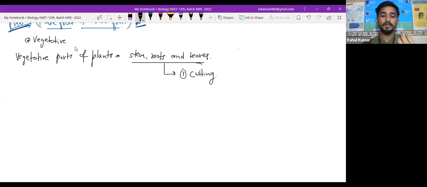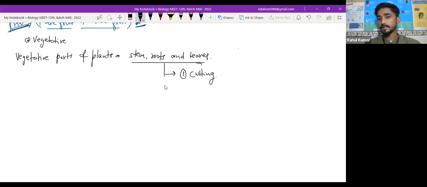They have flowers, but not all species produce viable seeds. So cutting is one way to propagate a plant vegetatively. In cutting, you cut any stem and put it in the soil. You treat the cutting with water containing plant growth hormones, and the stem starts producing adventitious roots. That's reproducing through vegetative parts.